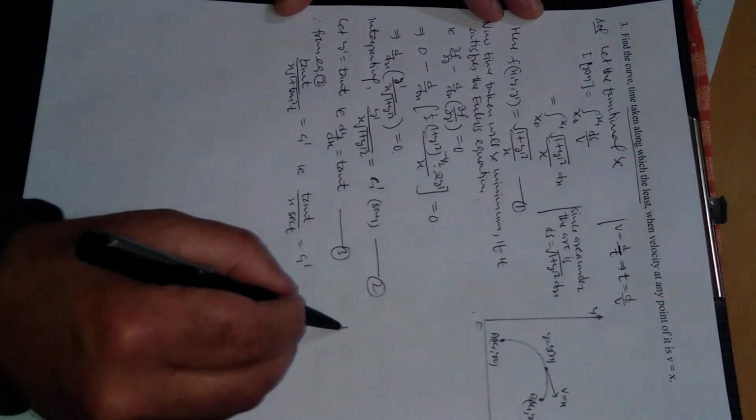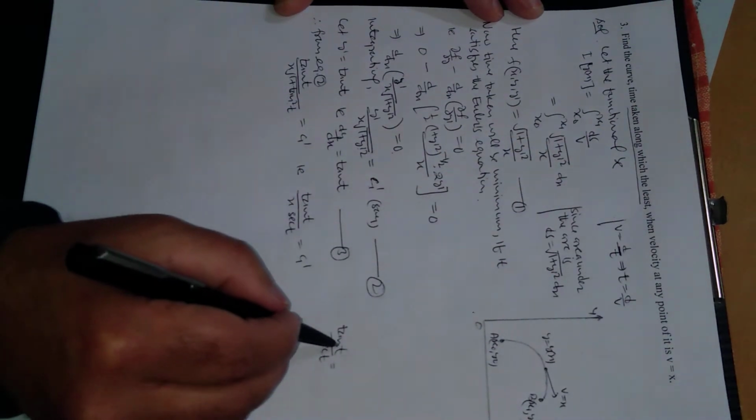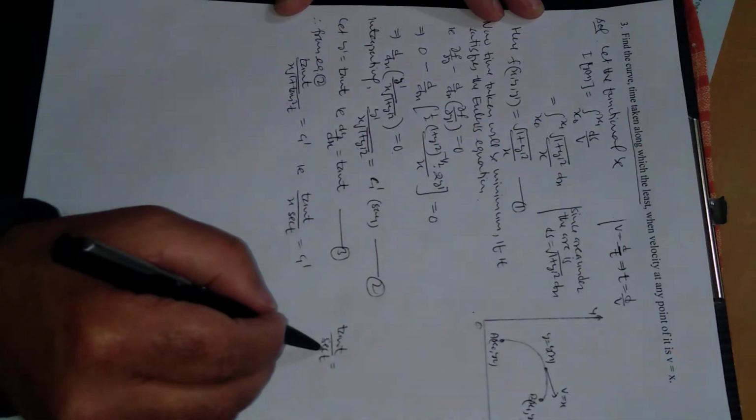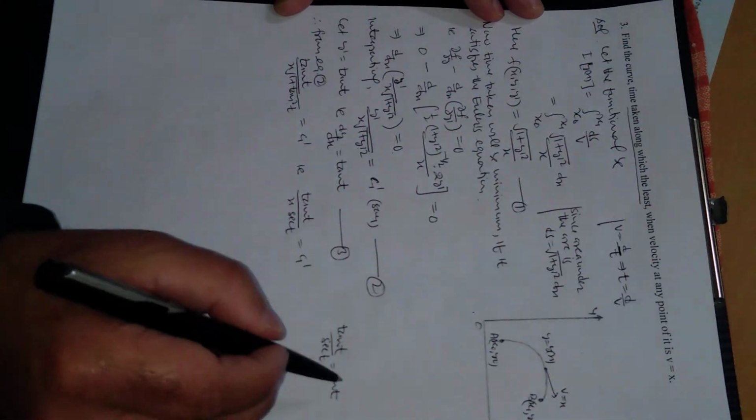Now what is tangent t upon secant t? Tangent is sin upon cos, so secant is 1 upon cos, this is cancelled, so we are left with only sin t.